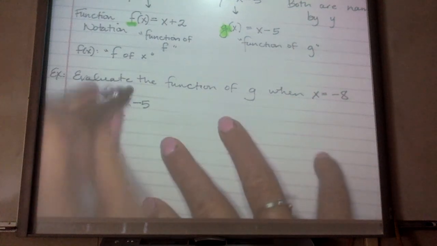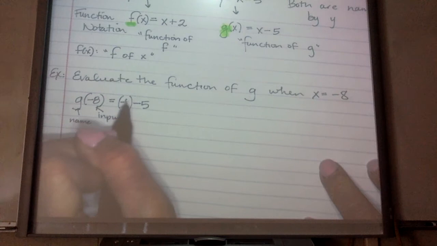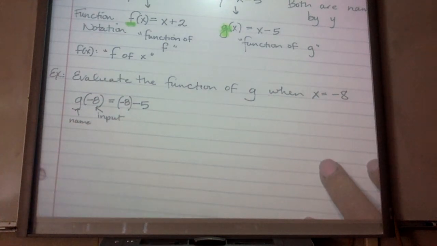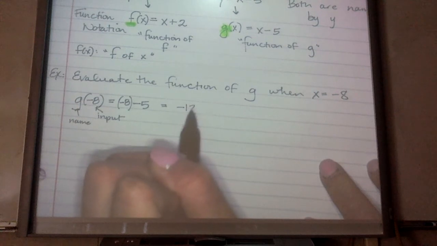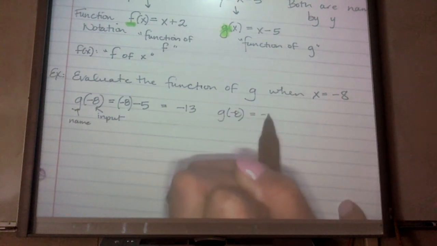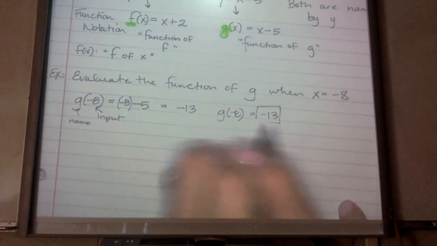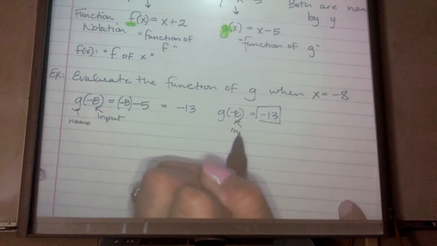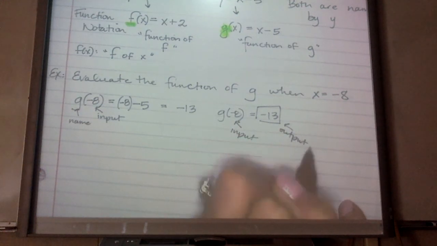Now instead of writing x, I'm going to put my input in parentheses. So that equals negative 8 minus 5, which is negative 13. So I would say the function of g, when I plugged in negative 8, equals negative 13. Okay, so that is my output. Input, output, slash answer.